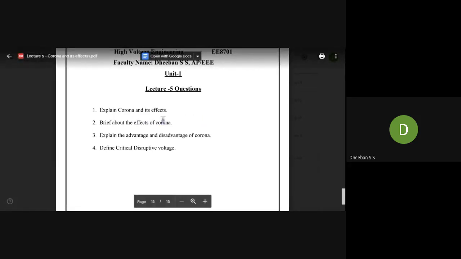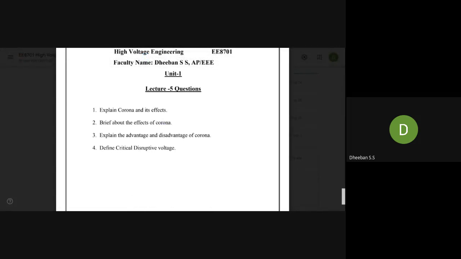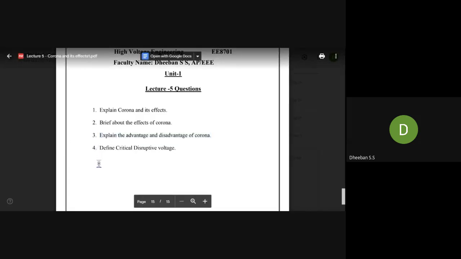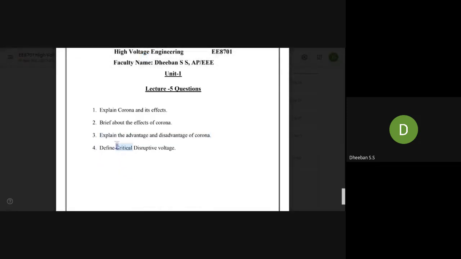Next, they might ask to explain the advantages and disadvantages of corona, in terms of 6 marks or 5 marks. Finally, you can surely expect a question on critical disruptive voltage for 2 marks.